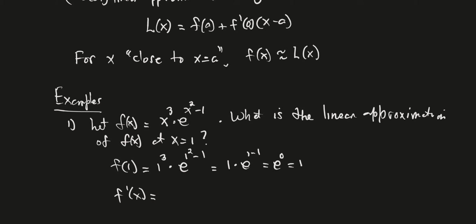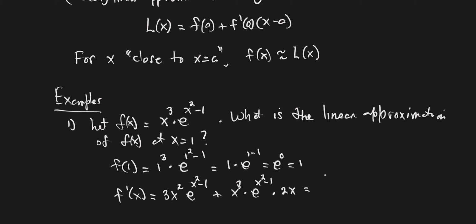So we need our product rule, and we're going to have our chain rule. So derivative of the first, 3x squared times the second, that's e to the x squared minus 1, and then plus the first, which is x cubed, times the derivative of the second, which is, we get back the exponential function, and then we have to multiply by the derivative of the inner function, so that's 2x, right?